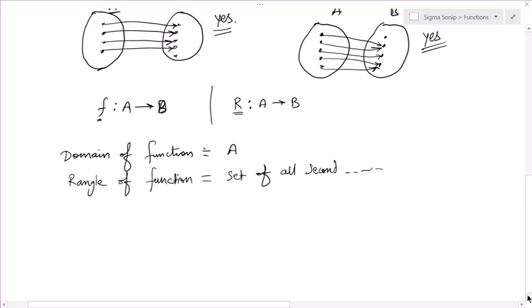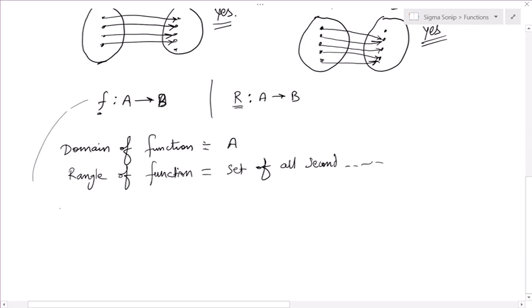Coming back here, a little bit about notation: f is a function from A to B. If (a, b) belongs to f, then, like we discussed, f is a kind of relation, so it is just a set of ordered pairs.